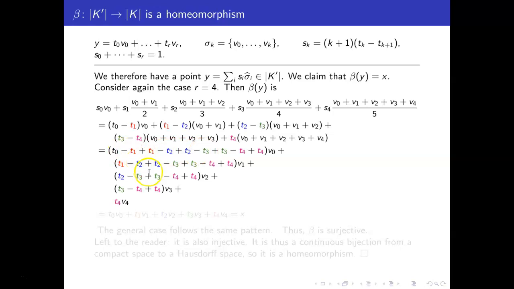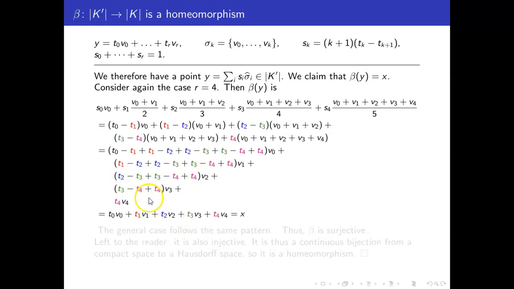Okay. And then let's look, say, at the coefficient of v2. We don't have any v2 here, we don't have any v2 here. We do have a v2 here, so you get a t2 minus t3 times v2, a t3 minus t4 times v2, and a t4 times v2, so that's all these things here. Again, they mostly cancel, the t3s cancel, the t4s cancel, I'm just left with a t2.